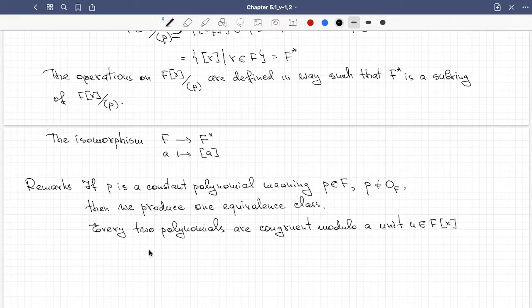Indeed, take any two polynomials f and g. What does it mean to be congruent?